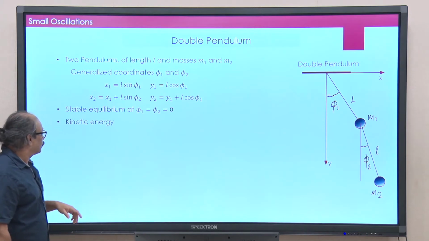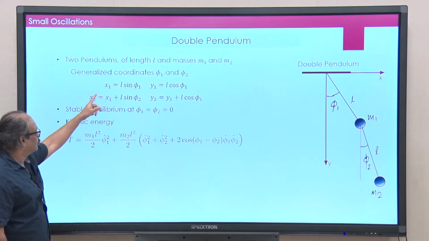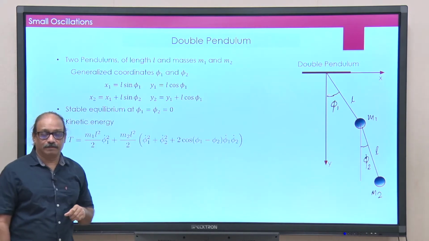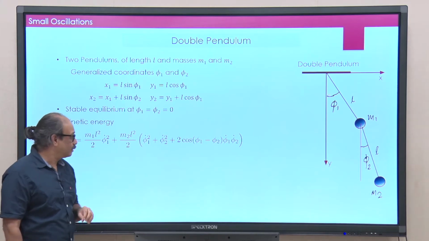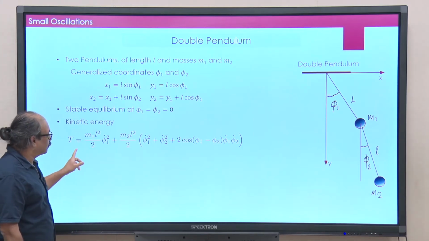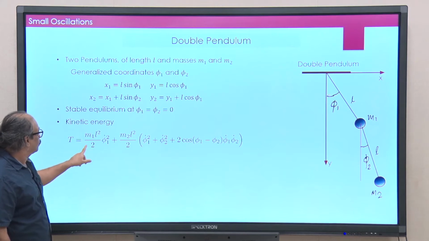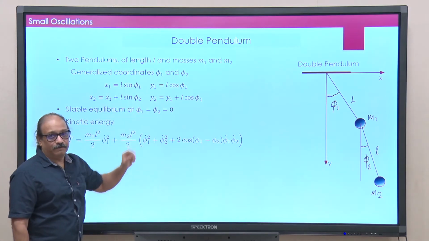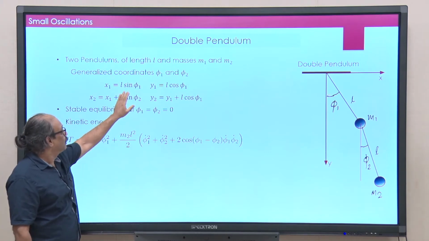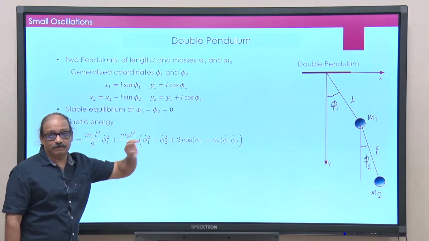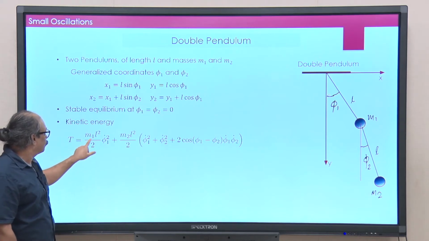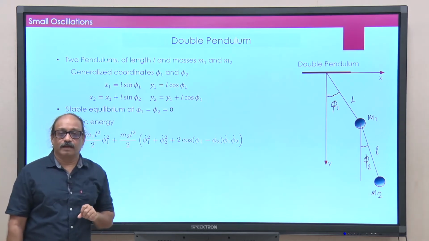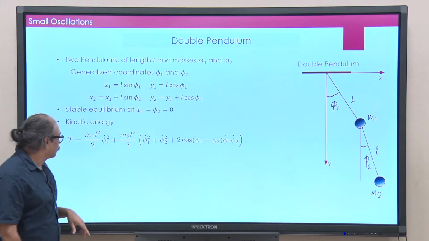Okay. All right. So, for kinetic energy I can now substitute x 1 dot, x 2 dot and so on, and that gives me an expression. Basically this one will come because I have x 1 dot square plus y 1 dot square, and that gives me cos square phi 1 plus sin square phi 1, that basically comes to m1 L square by 2 into phi 1 dot square.